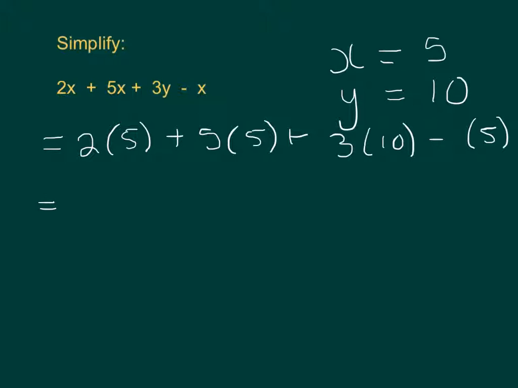This means that we can only add the same groups. So 2 groups of 5 plus 5 groups of 5 is the same as 7 groups of 5. And 7 groups of 5 minus 1 group of 5 is equal to 6 groups of 5. And then we are left with 3 groups of 10.